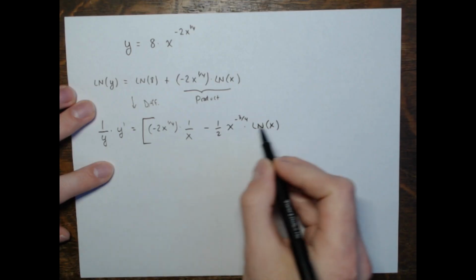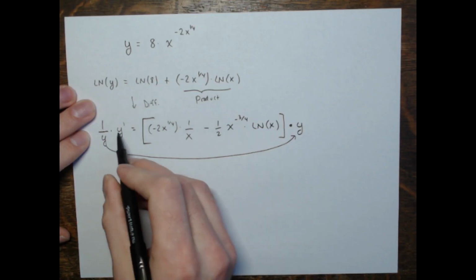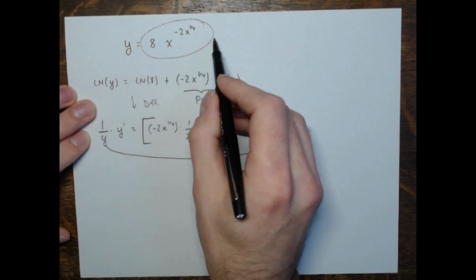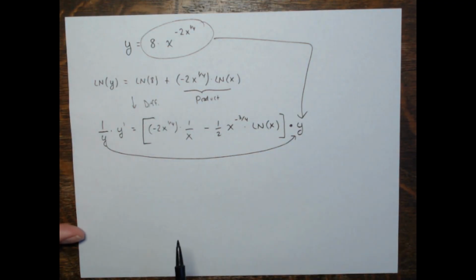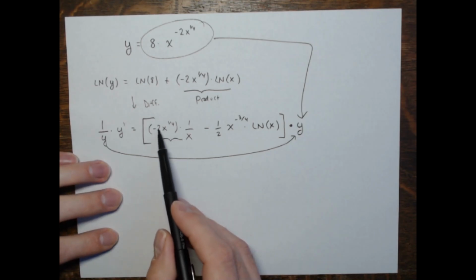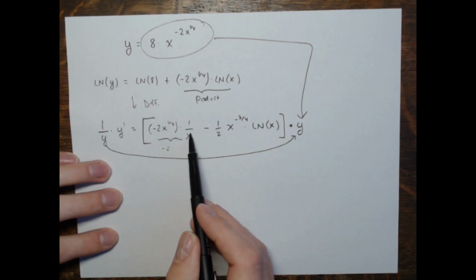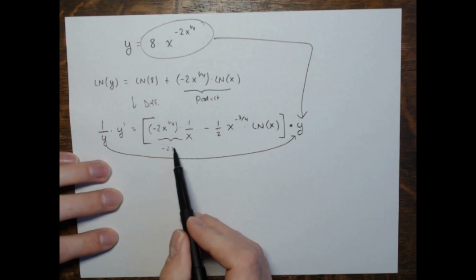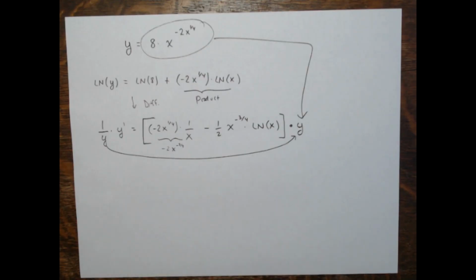Then all this I'm going to write, and then multiply by y, a times y over there to get y prime alone, and that's y. I'm replacing y with what it originally was. And like I said, this term here would be negative 2, and then x to the 1/4 times x to the negative 1, so that's x to the negative 3/4 again. So I'll type that.